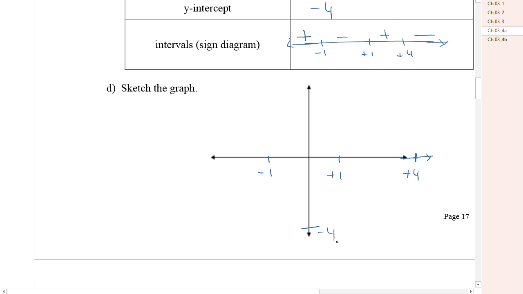And so to get that same kind of shape, I'm going to be going like this. Do I know that minus 4 is the minimum? No, I don't. It could very well be something different than that. Do I know that the maximum is only about that high? No, I don't. But I definitely know this general shape of it. And so that's what we need to do the sketch.